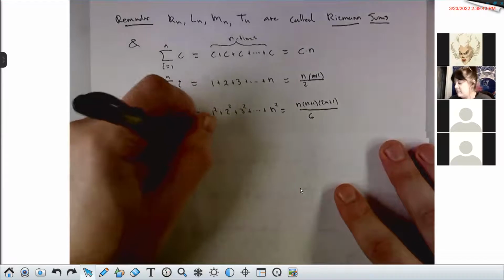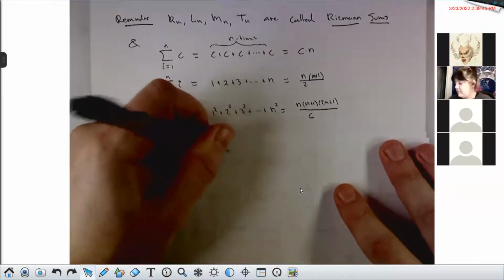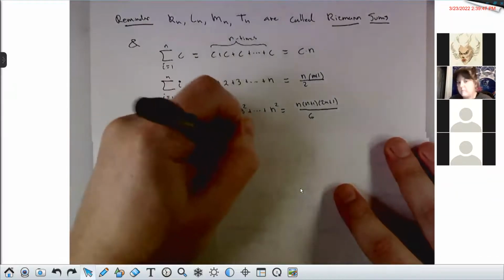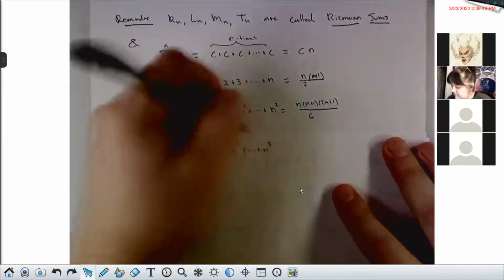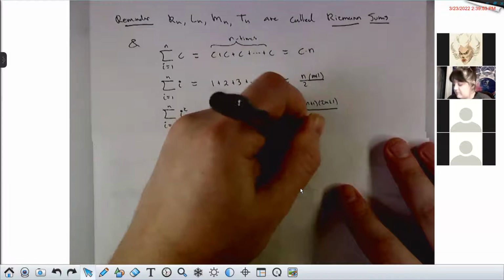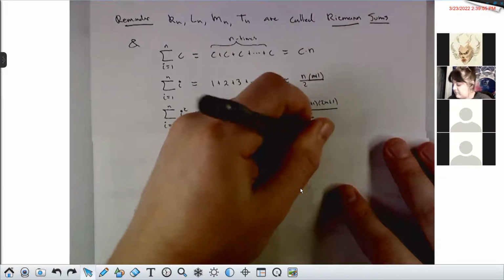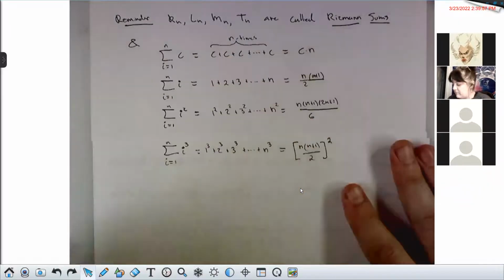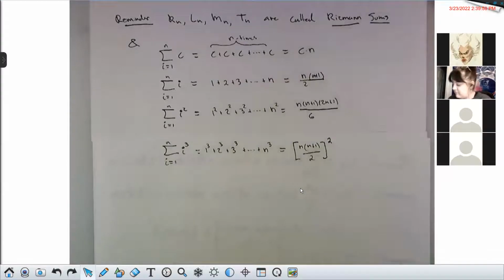So it'd be 1 cubed plus 2 cubed plus 3 cubed all the way out to n cubed. This turns out to be the square of the second one. And a really fun project is proving that. All right, prove that this thing is equal to this thing squared.